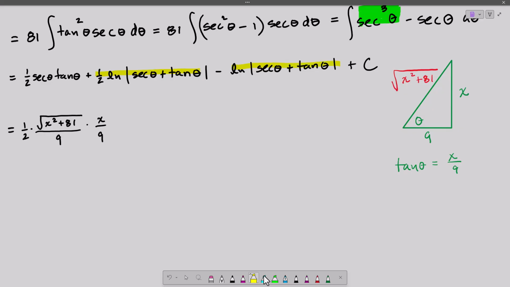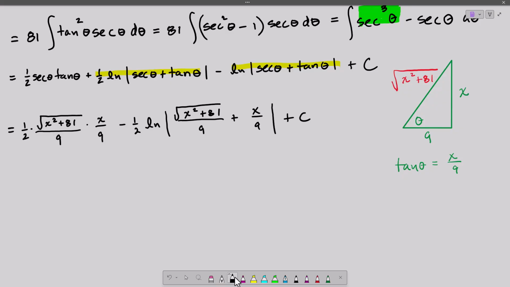So we have 1/2 natural log minus natural log. So we're going to end up with minus 1/2 natural log of absolute value of secant plus tangent, so that's going to be the square root of x squared plus 81 over 9, plus tangent is x ninths, plus c.